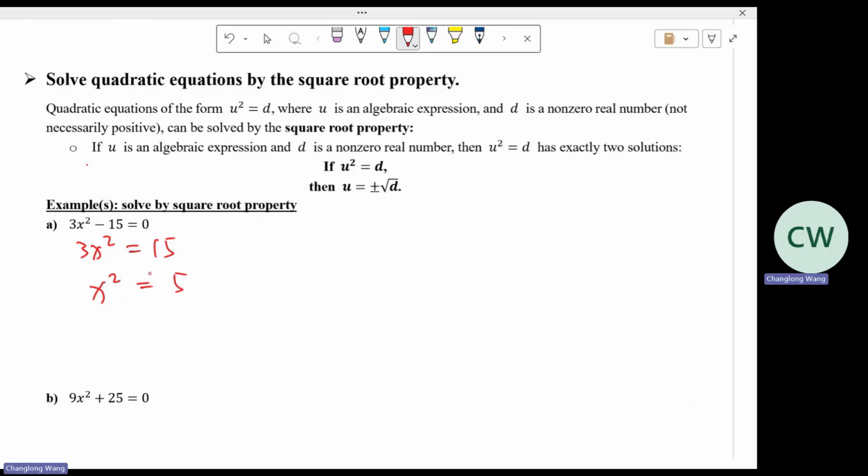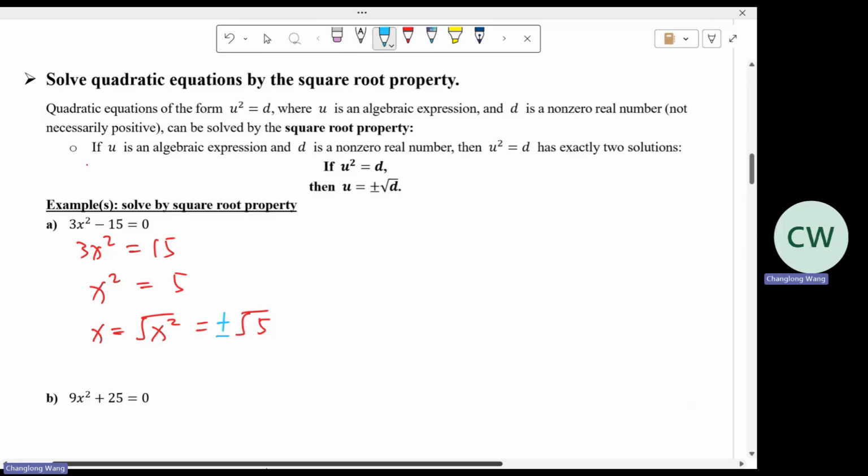So now to isolate the x, you take the square root, but make sure that you are open to both possibilities, right? So positive or negative radical 5, they're both solutions. Okay, so that's probably the only catch for the square root property.